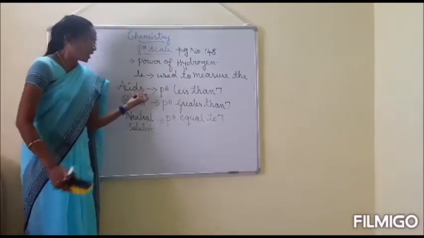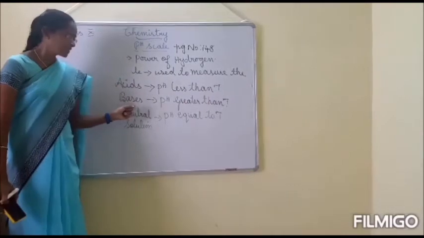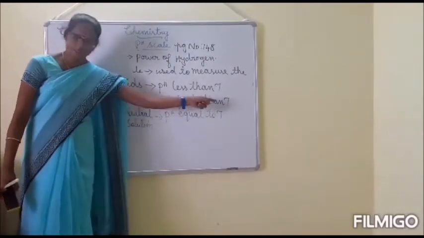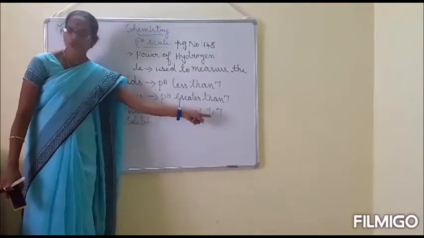See the board. Acids have pH less than 7. Bases have pH greater than 7. A neutral solution has pH equal to 7.